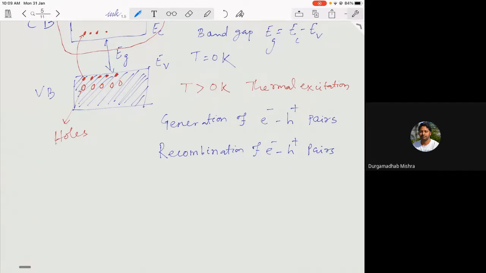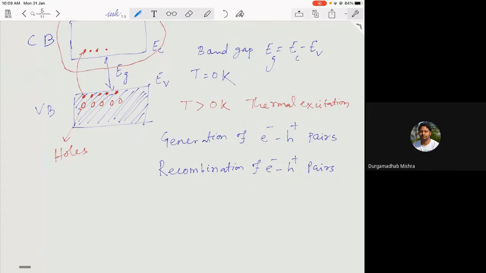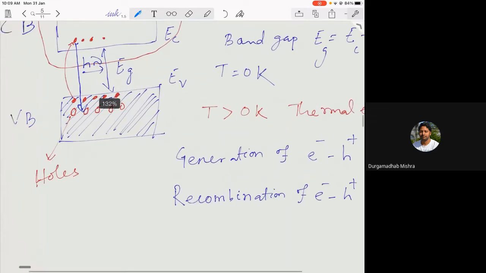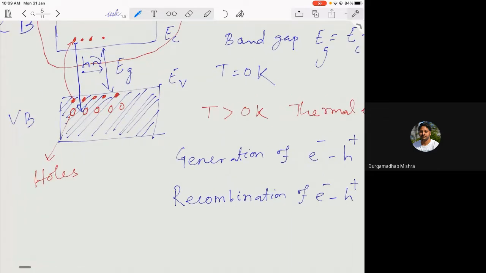And what would happen in that process when the recombination happens? Let's say the electron jumps to the valence band. In the process, a photon is generated, or light will be emitted with a certain frequency.